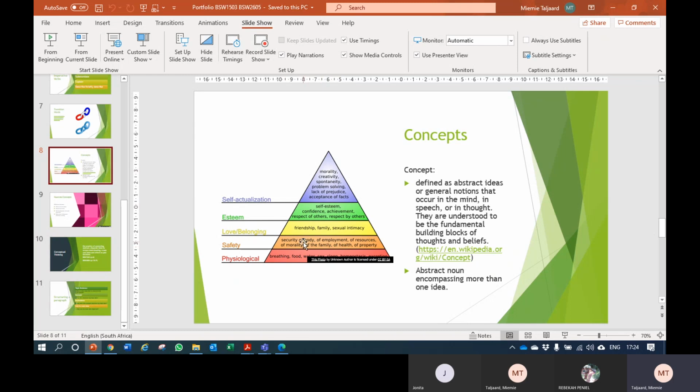You must have done Maslow's hierarchy of needs as well. You know this theory. You are the social worker at a school where you have to work with different children.